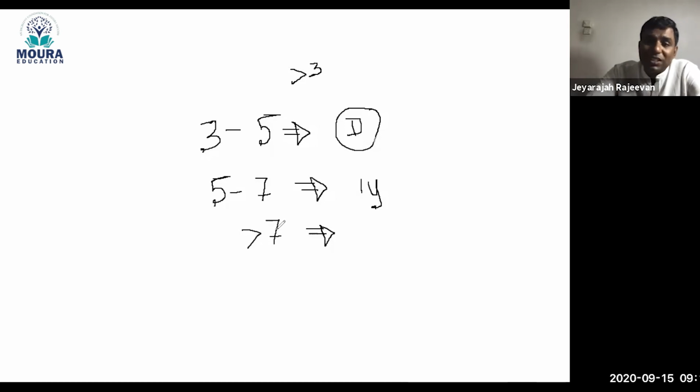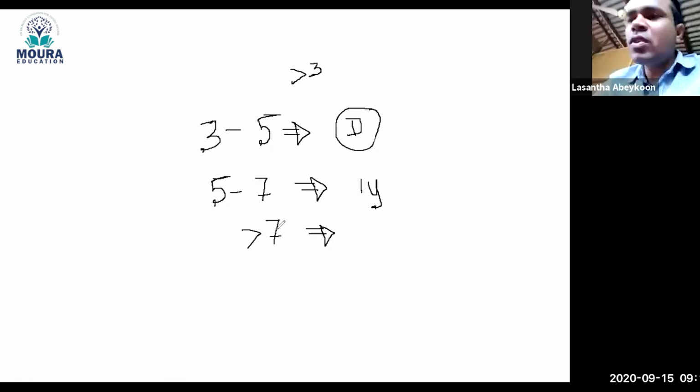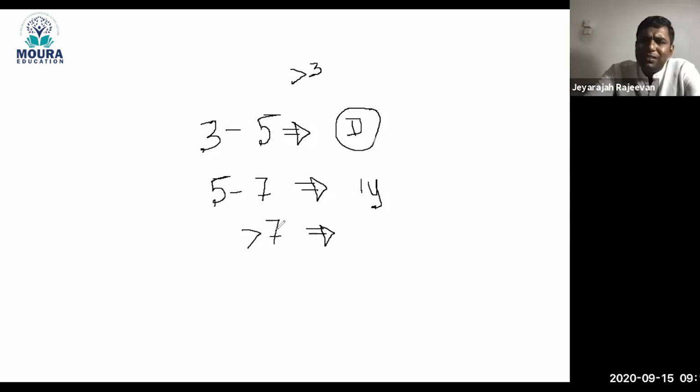So in surgery, for the premenopausal woman, what kind of surgery are you going to do? Will you remove the cyst only or will you remove the ovary? What are you going to do, Lasanda? Cyst only, because she is menstruating. She is a reproductive woman.